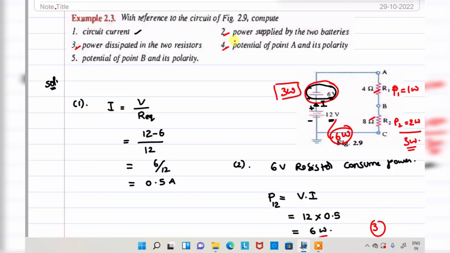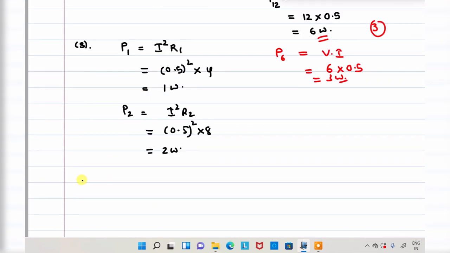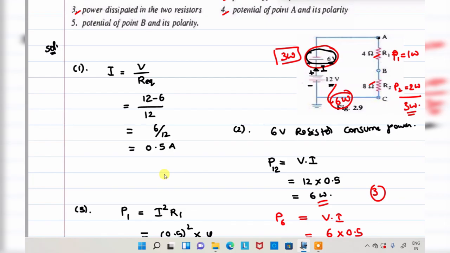Next, coming to the fourth point, potential of point A and its polarity with respect to C. You can calculate the potential of the point. How to calculate? The voltage across these points is nothing but VA.